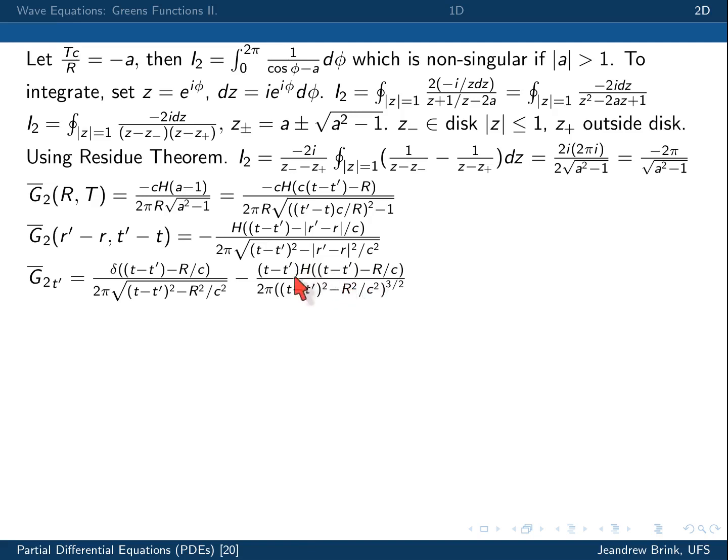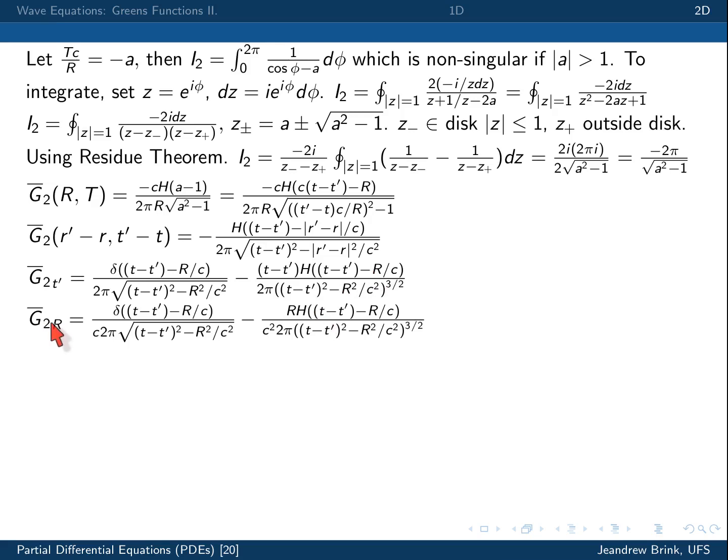The way we get rid of it is to write it as a derivative with respect to r, and then use integration by parts. So let's work out the derivative of the Green's function g2 with respect to r, and because t prime and r appear in the same kind of way in both of the Green's functions, we also get a delta function.